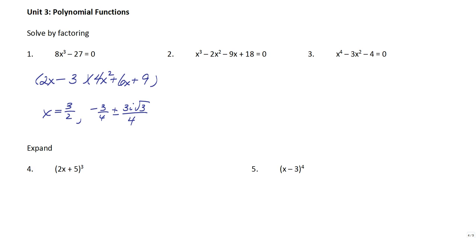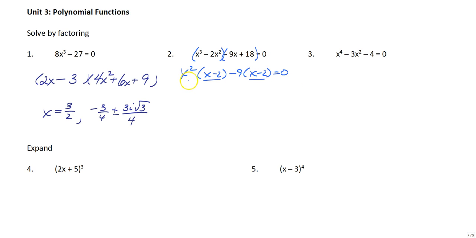Number 2. This we would do factoring by grouping. Whenever you have 4 terms, that's the first thing you want to check. So we would have x squared, and then that leaves us with an x minus 2. The GCF of this one is a negative 9, leaving us with an x minus 2. And remember, the insides must be the same.